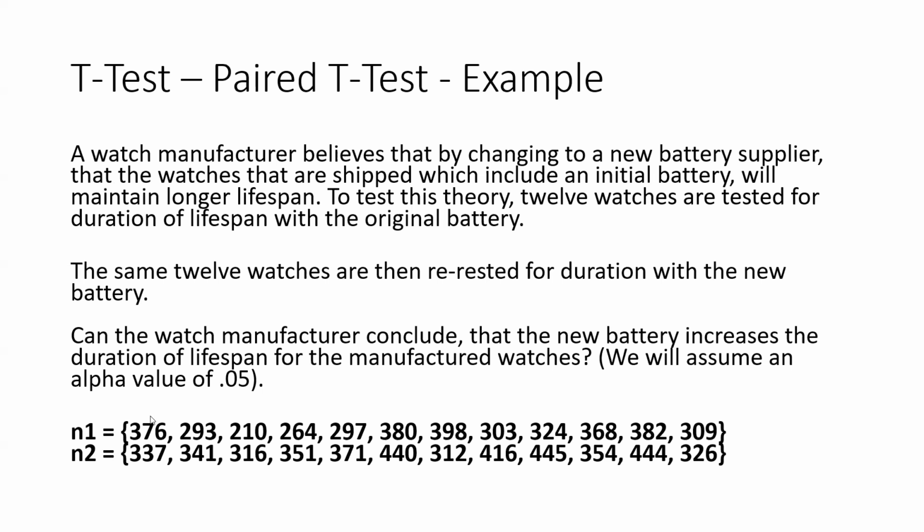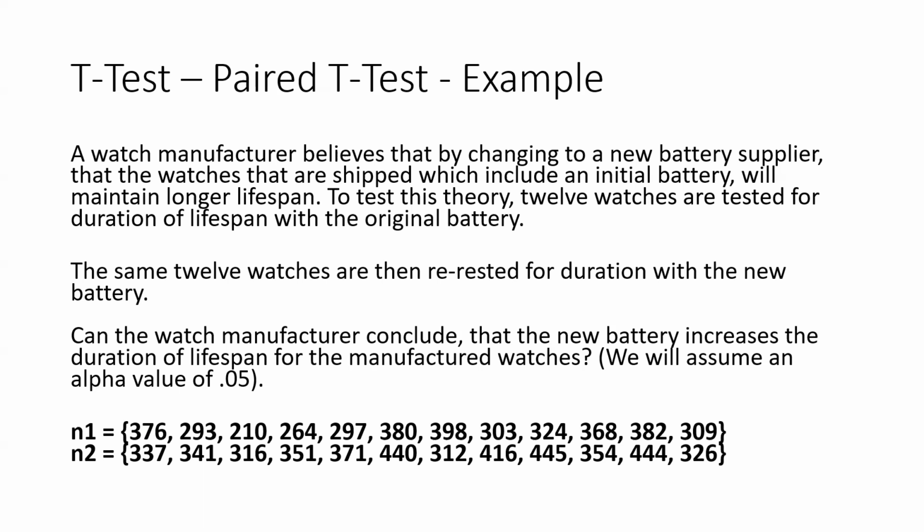Now with a paired t-test, it's the same watch twice. It's the same instance, but with a different application. So this is watch 1, watch 2, watch 3, watch 4, watch 5. And this is watch 1, old battery, new battery. Watch 2, old battery, new battery, and so on and so forth.